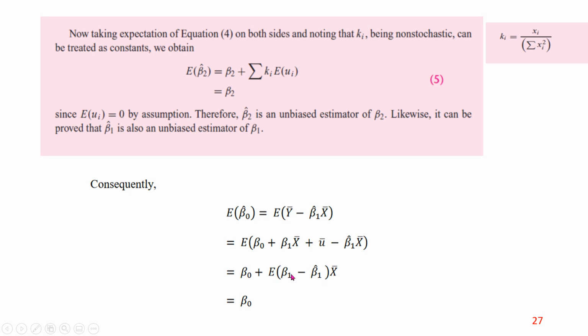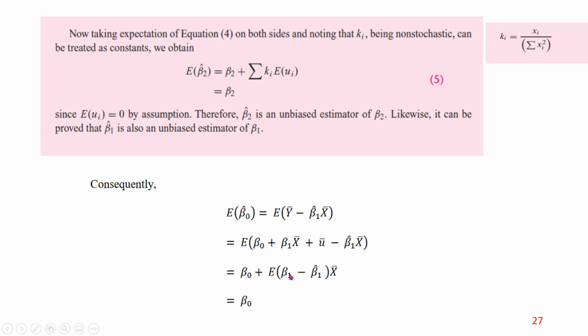In other words, this is a notational issue. When I write beta 1 here, it's actually the slope coefficient, which in the above derivation was written as beta 2. So please don't be confused. This simply means the expected value of the slope minus the slope hat, which we just proved is equal to 0.